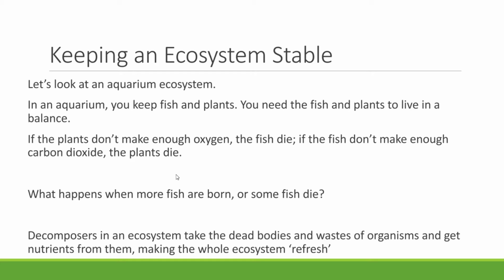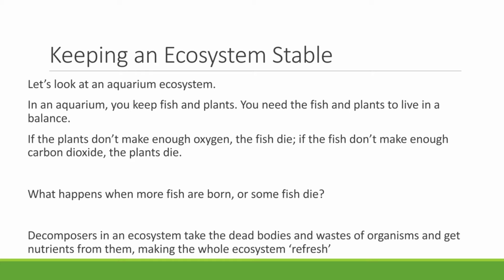We need that balance, right? This is a pretty simple example of just fish and plants in an ecosystem. We need that balance to exist. Otherwise, it'll just skew towards one thing and the whole ecosystem will collapse. Right?